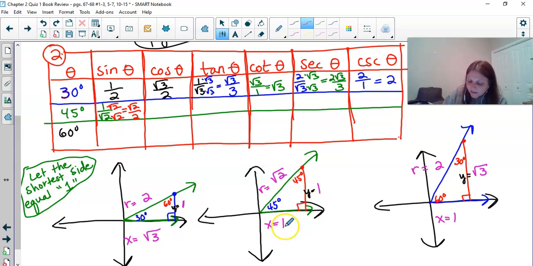The cosine is the x over the r. And the tangent is the y over the x. The other three are going to be the reciprocals, and I'm going to flip the original.